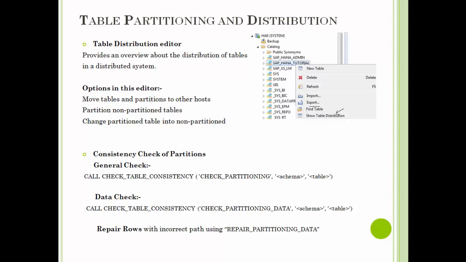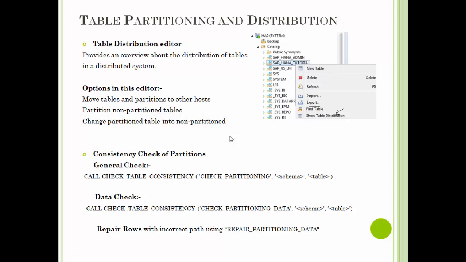So what are the options in this editor? We can move tables and partitions to other hosts, partition non-partitioned tables, and change a partitioned table into a non-partitioned table. We can reconvert a partitioned table into a non-partitioned table.